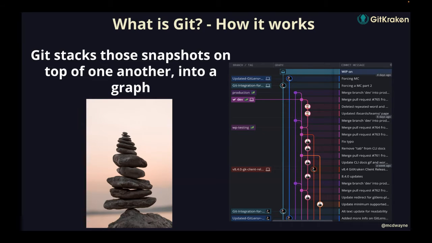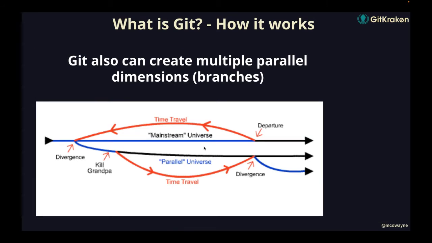Every snapshot then gets piled into a graph, and we can think of these things in graph terms. Over there on the right, that's the GitKraken client, showing all of the commits as little nodes in a graph view. But really, we're just stacking them up on top of each other.